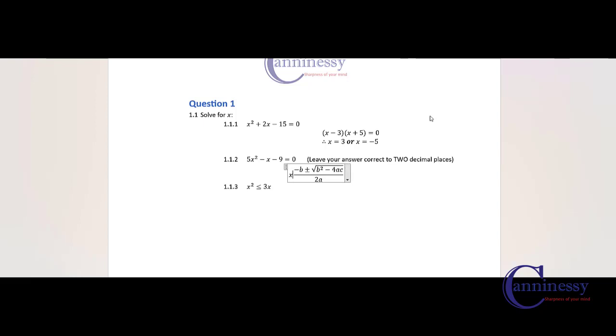So here we're going to use the quadratic formula: x is equal to minus b plus or minus the square root of b squared minus 4ac, all divided by 2a. Remember, every time you are told to answer correct to 2 decimal places, you must write the equation in the form ax squared plus bx plus c.